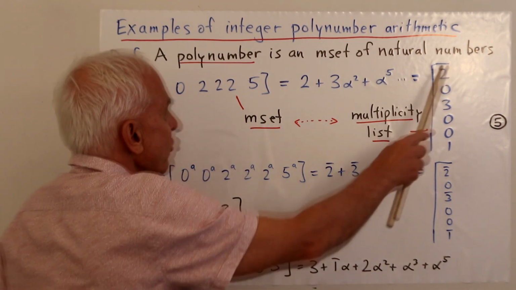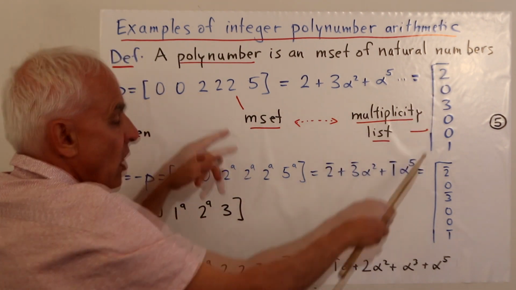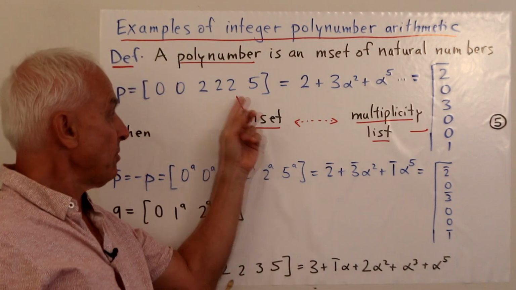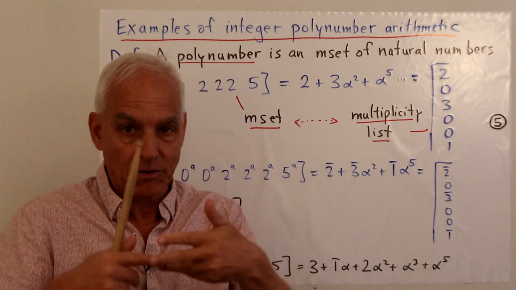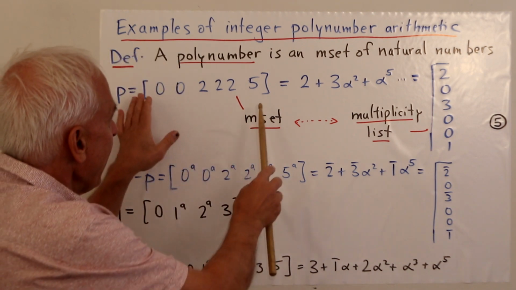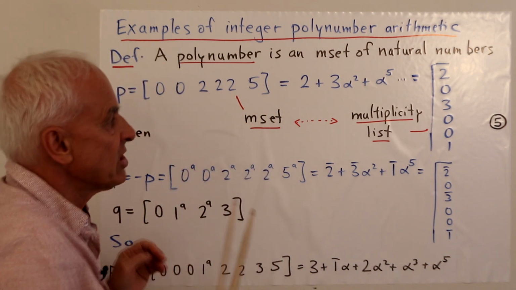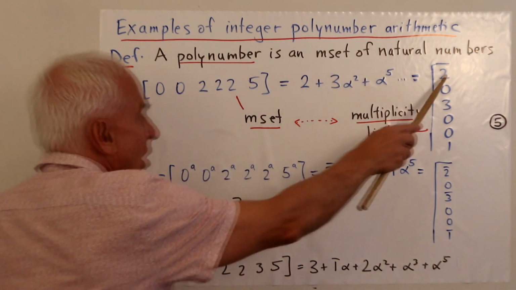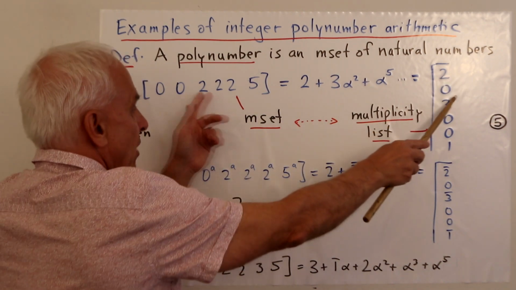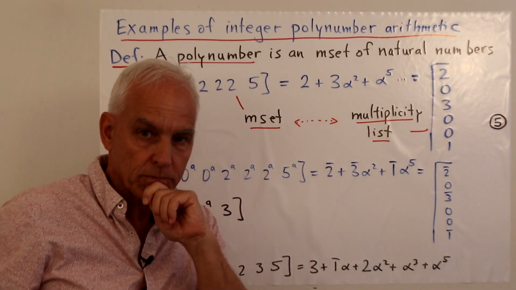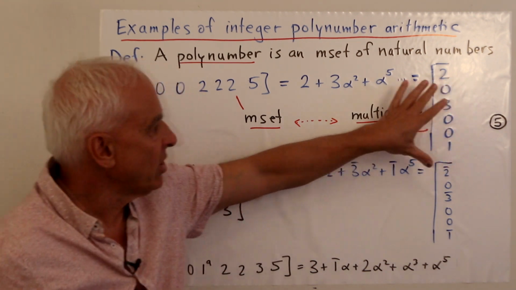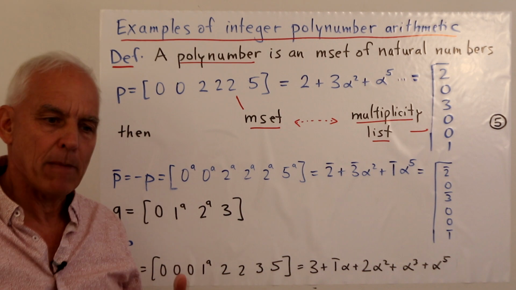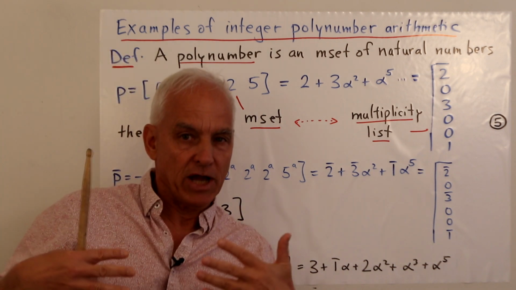This is keeping track of how many of each of these objects we have, because the objects appearing here are naturally ordered. They're natural numbers, so 0, 1, 2, 3, etc. So we can encode this information by counting how many zeros there are, how many ones there are, how many twos there are, how many threes there are, etc. But there's a sense in which this is actually a more basic or fundamental object.